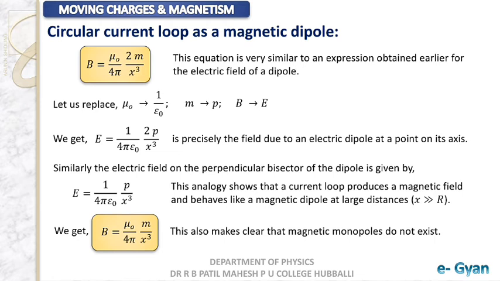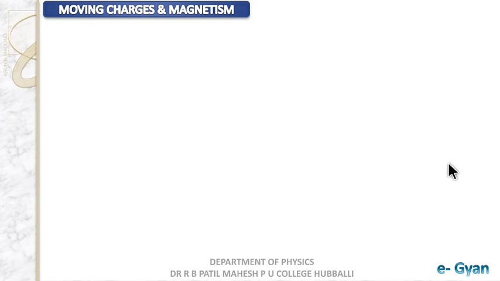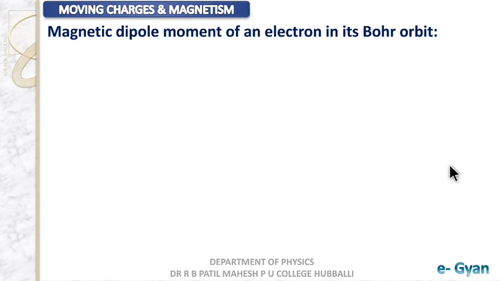So a single current carrying loop itself will behave as north pole from one side and south pole from the other side. That's why we have two poles for a current carrying loop. That means there exists no monopole in the concept of magnetism. Let us proceed ahead here and study magnetic dipole moment of an electron in its Bohr's orbit.